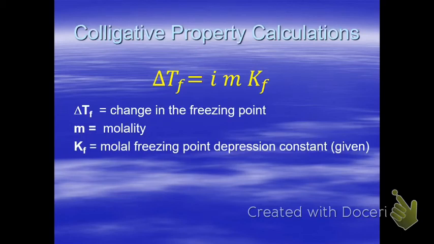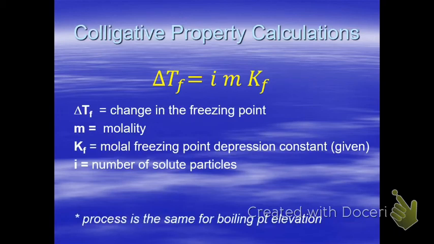You don't have to memorize that. It's given to you. Okay, so Kf would be the constant for that particular solvent. That little i was what we were talking about a couple of slides back. How many solute particles does this solute break apart into? Okay, so you plug in i, m, and Kf, and you calculate how far that freezing point is going to drop.